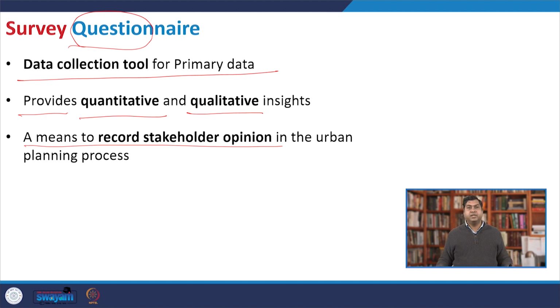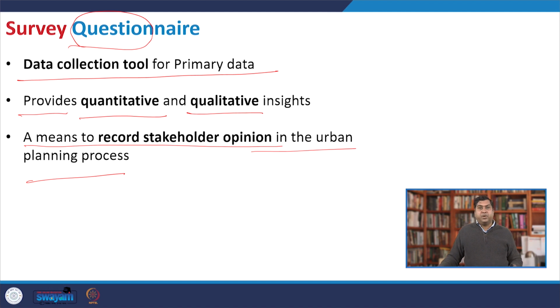This is an example I'm giving. In this case, you have some broad five questions and you ask a planner or any stakeholder of your study area and try to understand their opinion in the urban planning process. Here there is no further analysis through quantification of responses, like when you collect information in terms of satisfaction or perception on a scale of 1 to 5, or very good to worst, and then you just come up with some descriptive statistics.